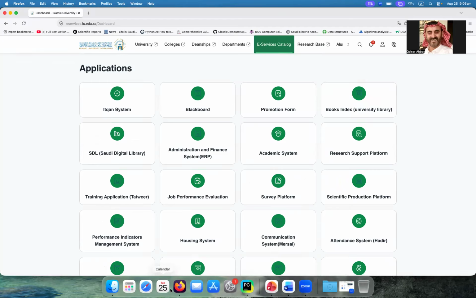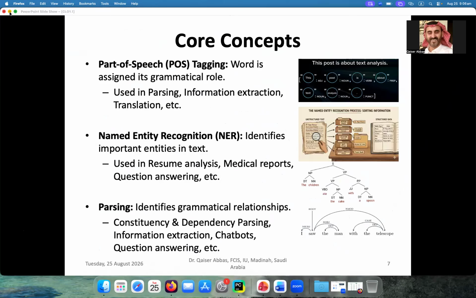In the stem, sometimes you will not get semantics, okay? But in lemmatization, you will always get semantics. But in stemming, sometimes you will lose semantics. And what you will get finally is called the stem.